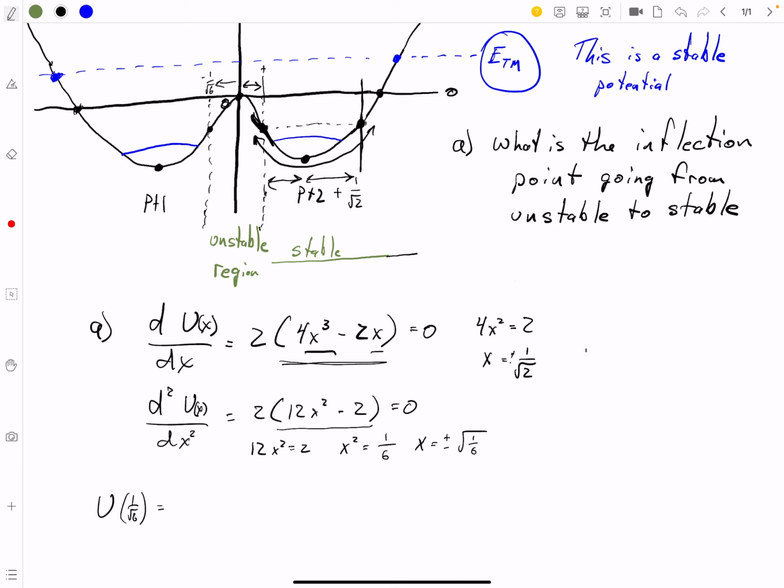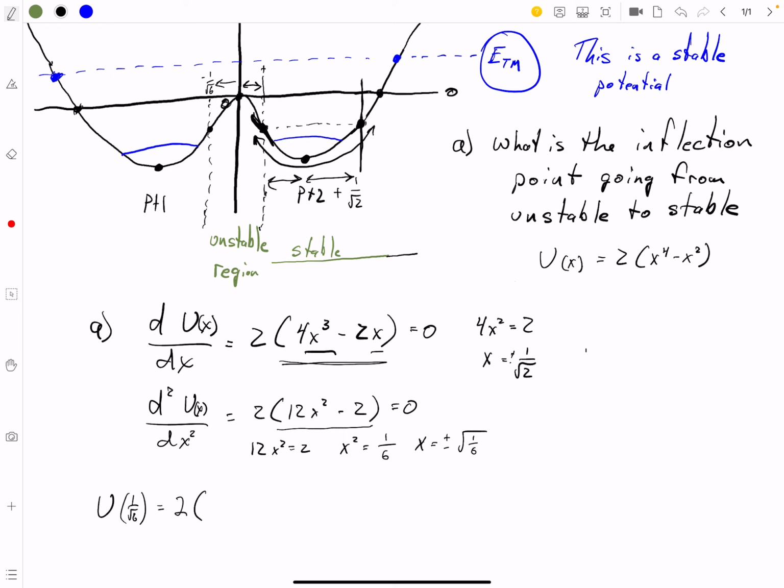Let's rewrite what u of x is. Okay. So 2 times 1 over square root of 6, 1 over square root of 6, and then we want that to the 4th power.